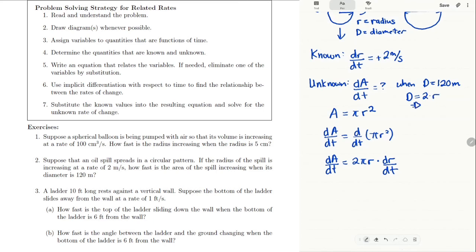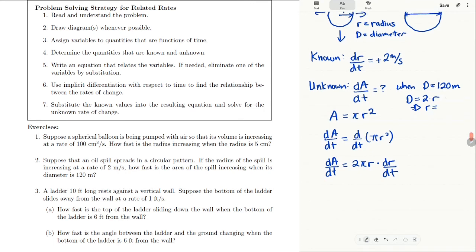And so that tells us that the radius of the spill when the diameter is 120 meters is 60 meters. And so now we can substitute these values to determine how fast the area is changing.